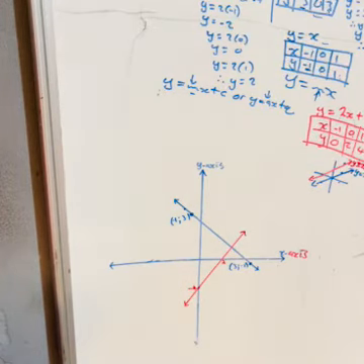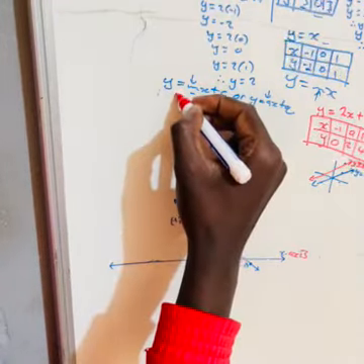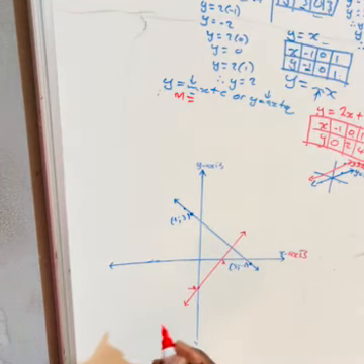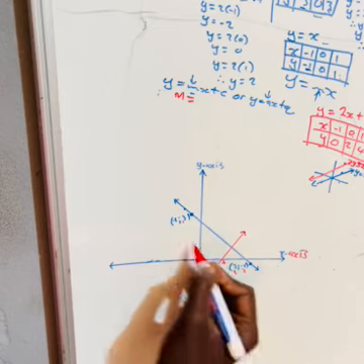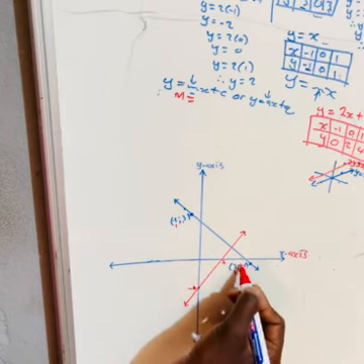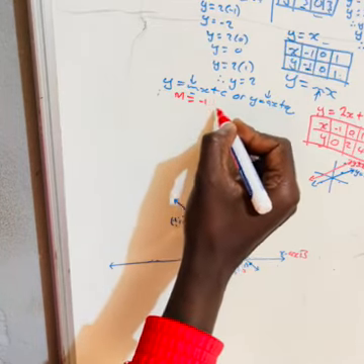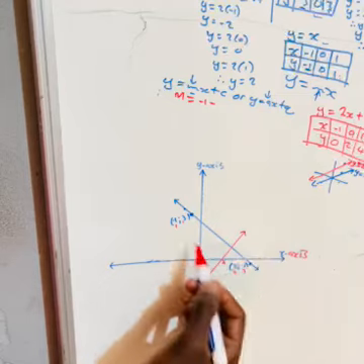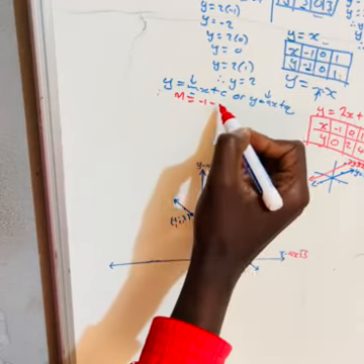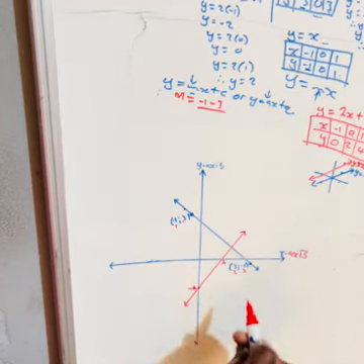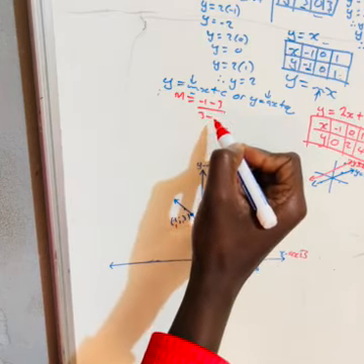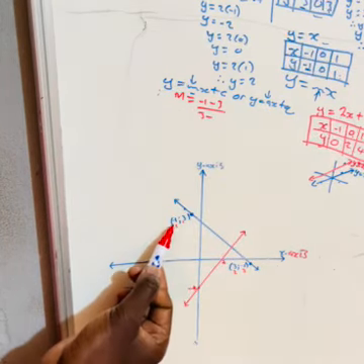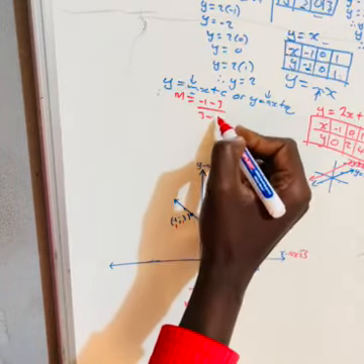So the gradient of those 2 points is equal to: I'm going to call this y2, this y1, this x2, this x1. My y2 is negative 1, so I say negative 1, minus, which comes with the formula, the y1 which is 3, all over my x2 which is 3, minus, which comes with the formula, my x1 which is negative 1, inside the brackets.